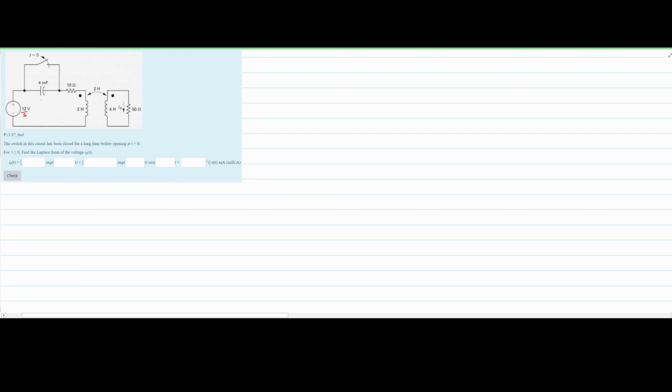We are going to transform this capacitor to be Z of C, which is normally 1 over s times C for capacitance. But since it's already time equal to 0, we don't need to adjust that for this one. So instead, it's just going to be 1 over the capacitance.